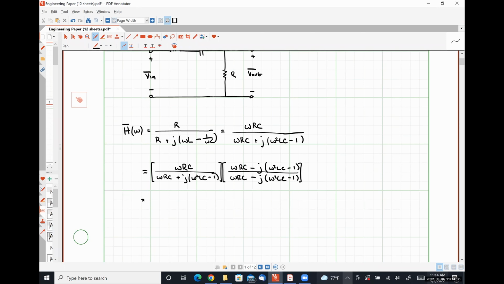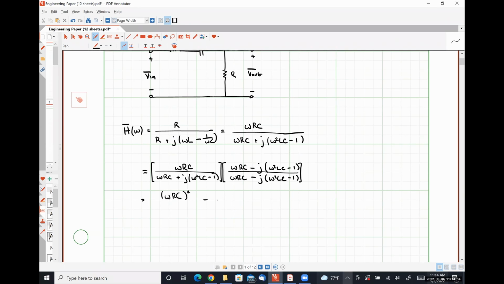And what will I get? Well, I'll have omega RC quantity squared in the numerator.